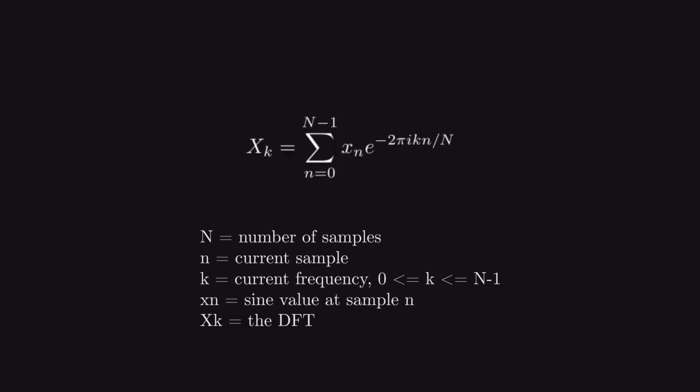This measures how much the input sequence resembles a sinusoidal wave of frequency k over big N at each step, and the result is a complex number for each frequency component, where the real part represents the amplitude and the imaginary part represents the phase.